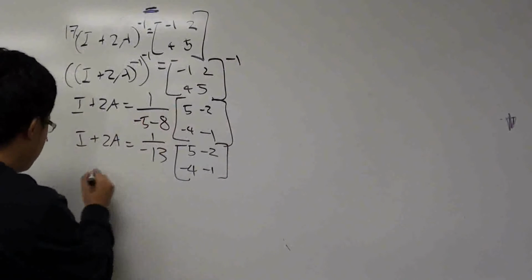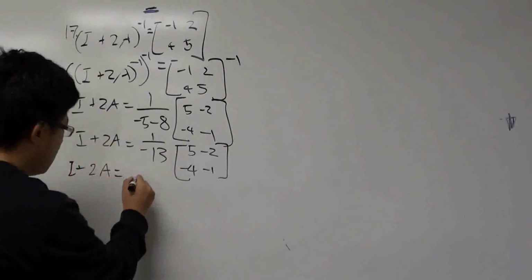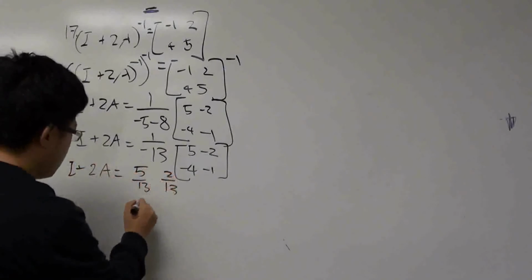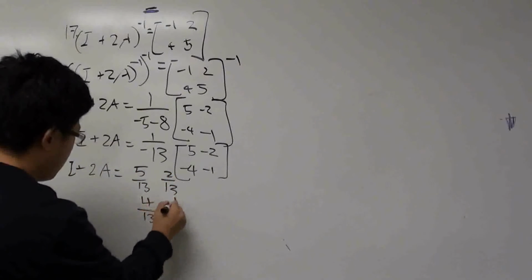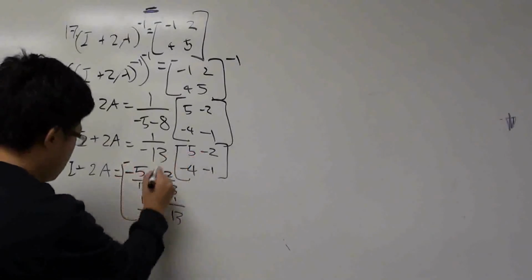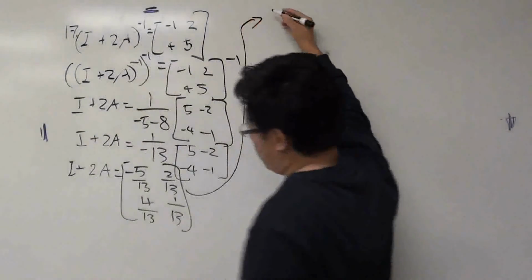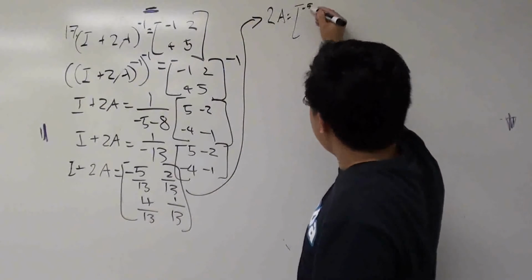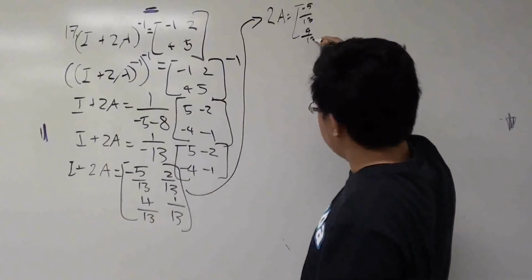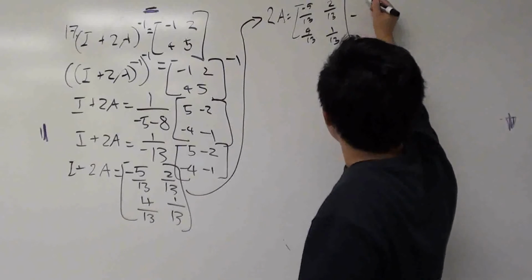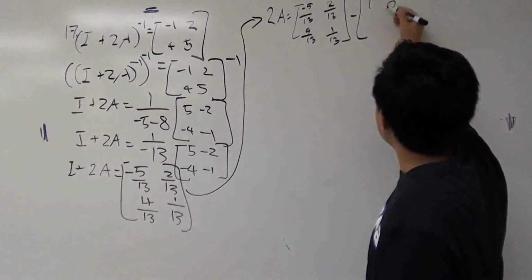Okay, so that's going to be 2a equals 2, 5 over 13, 2 over 13, 4 over 13, 1 over 13. Check the minus sign: minus, cancel, cancel, cancel. Bring this matrix all the way back. 2a now will equal 2, negative 5 over 13, 4 over 13, 1 over 13, 2 over 13, minus I, which happens to be 1, 0, 0, 1.